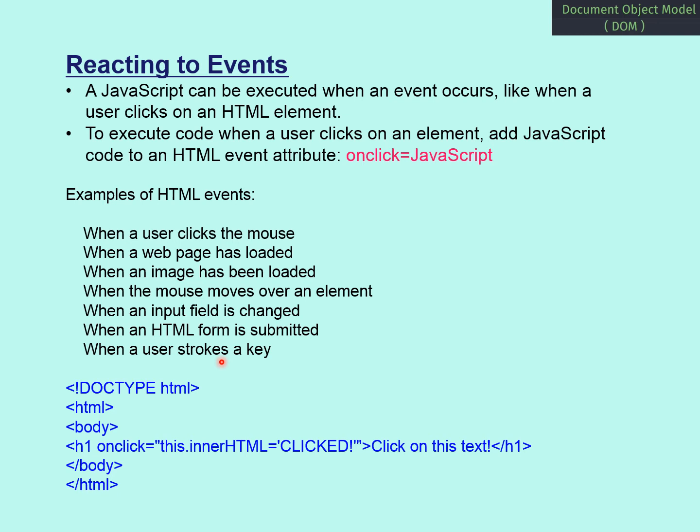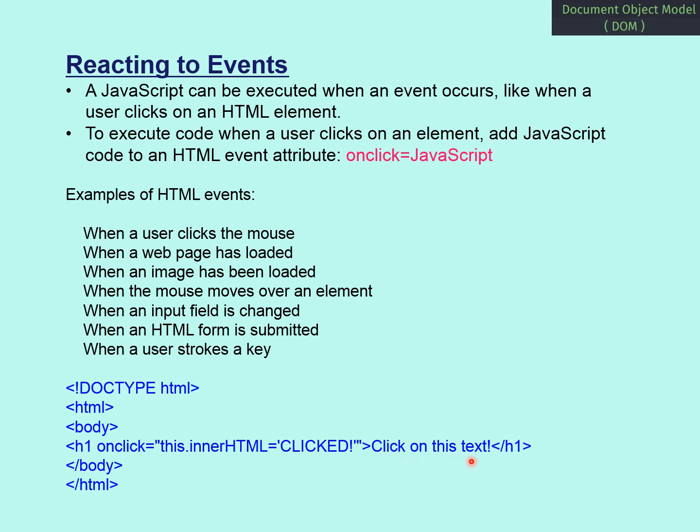Here is a simple example. Doctype HTML, the body of the HTML contains a header only: H1 onclick equals this.innerHTML equals 'Clicked'. Initially, whenever the page is loaded, it contains a simple heading, 'Click on this text'.